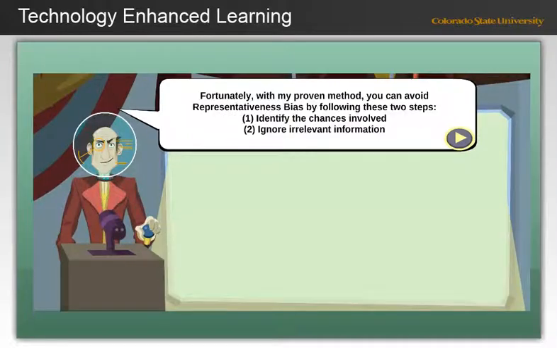The play learner is then given a straightforward mitigation strategy for avoiding this cognitive bias. First, they have to identify the chance information or the odds information in the situation, and then they need to ignore the irrelevant information, or the previous flips in this example, when making a decision.